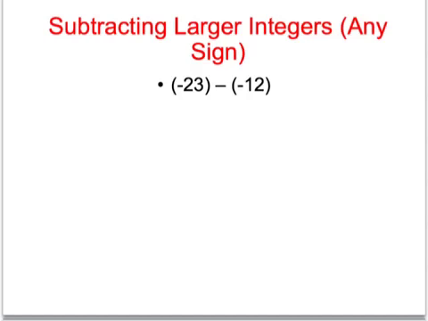Subtracting larger integers with any sign really is kind of easy. What we try to do is add the opposite value whenever we have to subtract. What do I mean by adding the opposite value? Well, I'm going to take this subtraction sign and change it to an addition sign, because adding is usually easier than subtracting. And I'm going to change this second number to its opposite, so the opposite of negative 12 is positive 12.